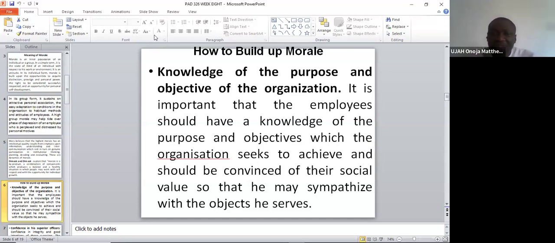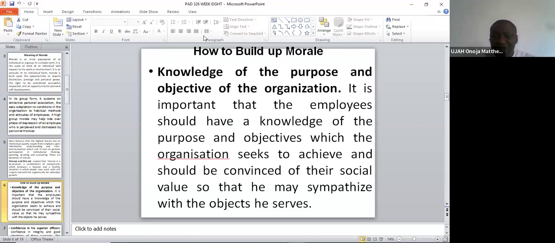What this statement is trying to say is that when people are carried along, there is adequate information of the principles, objectives, goals, missions, and visions of the organization, and they are actively involved, there is the tendency that such an employee would perform better in ensuring that the results churned out of the organization guarantee the actualization of its objectives.